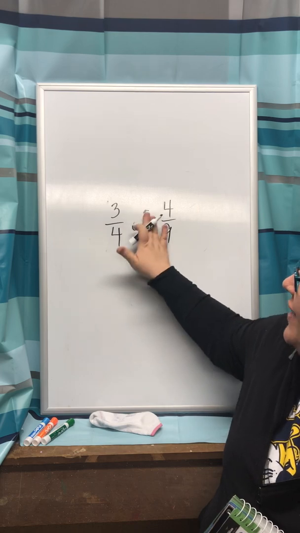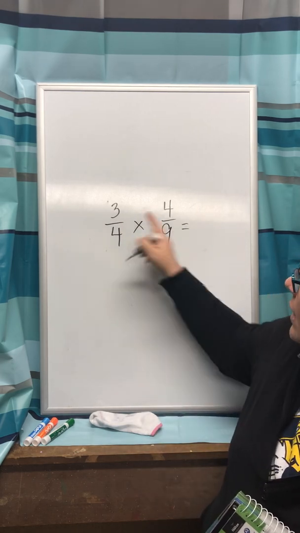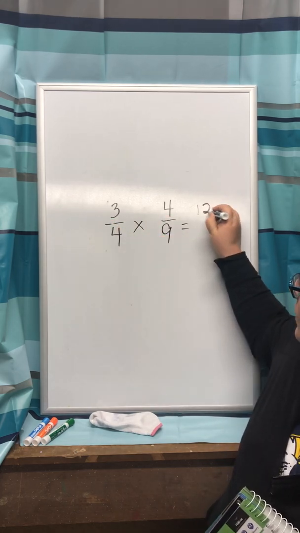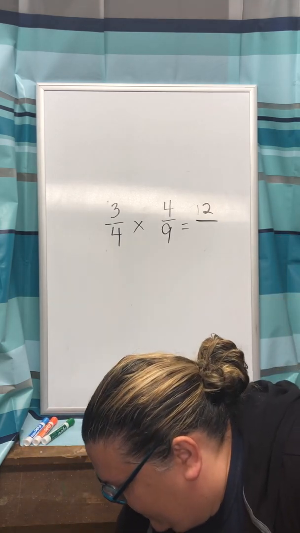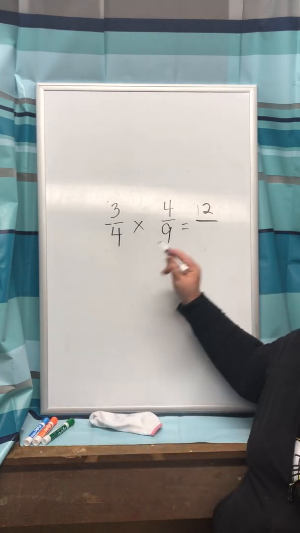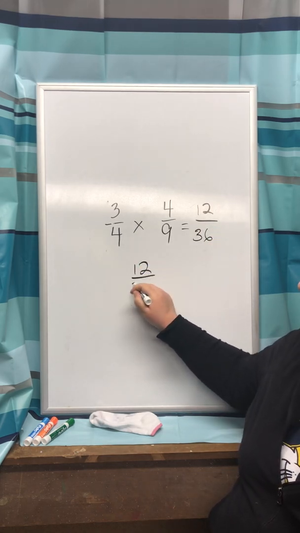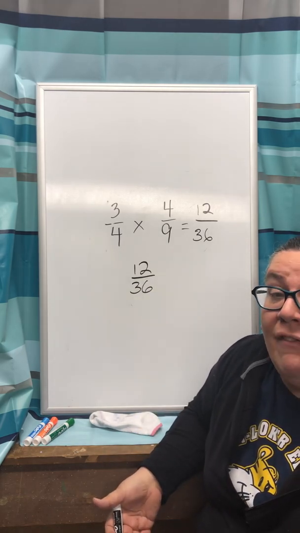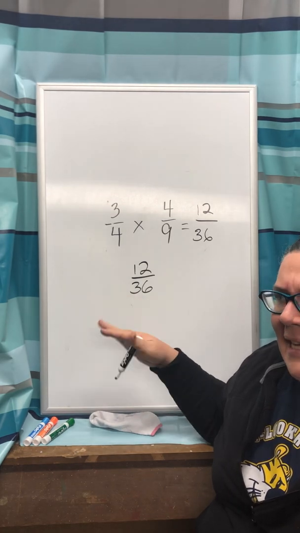Again, we can change that "of" to multiplication. 3 times 4 is 12. And 4 times 9 is 36. So I end up with an answer of 12/36.